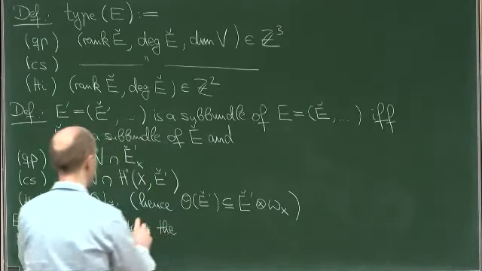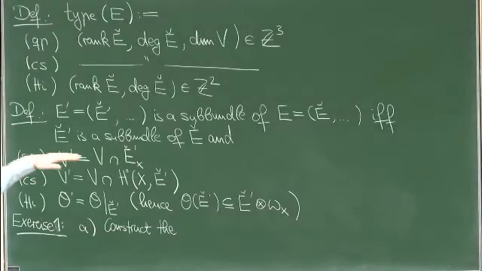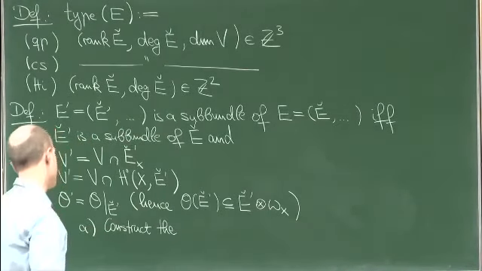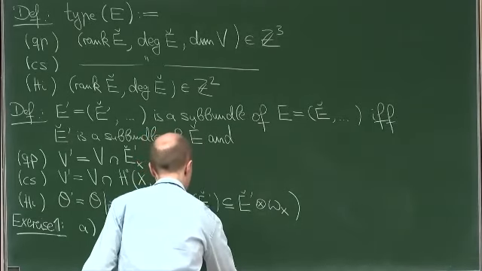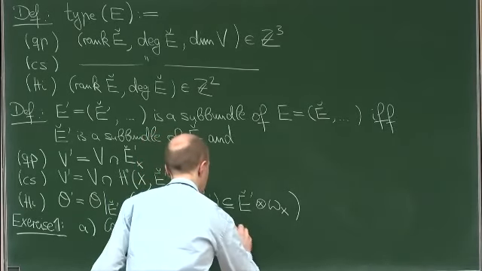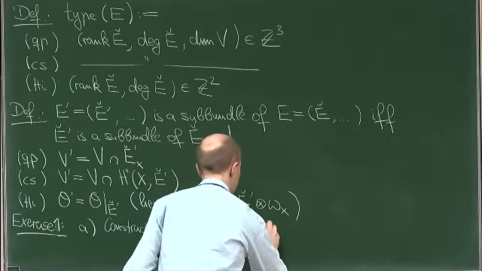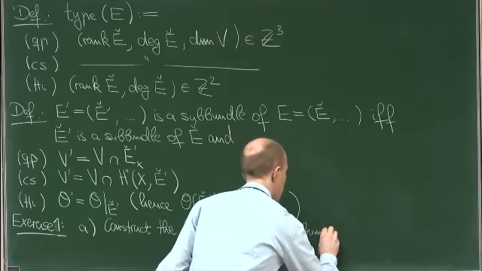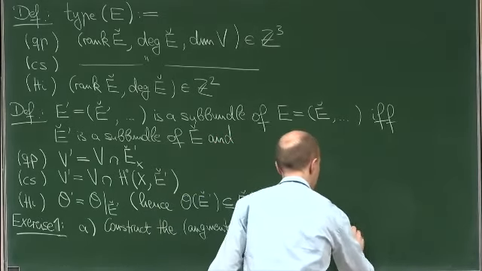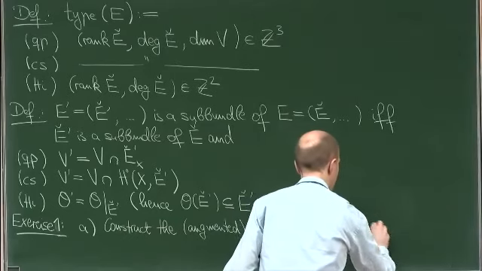Whenever you have an augmented bundle and a subbundle in this sense, you can construct the augmented quotient bundle, E modulo E prime.